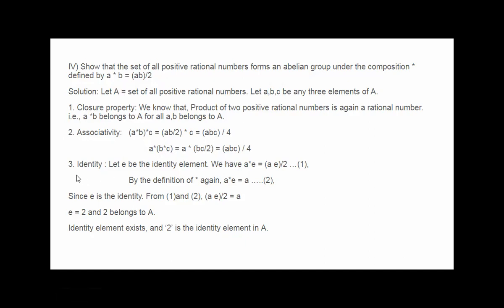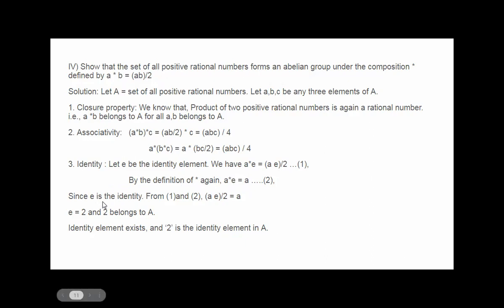Then the third property is identity. Let e be the identity element. We have a star e is equal to ae by 2. By the definition of identity, a star e is equal to a.